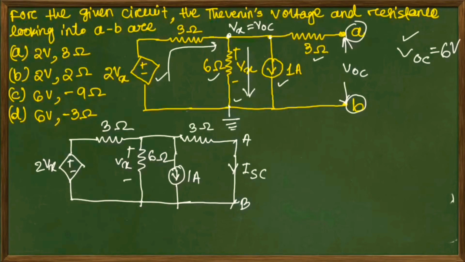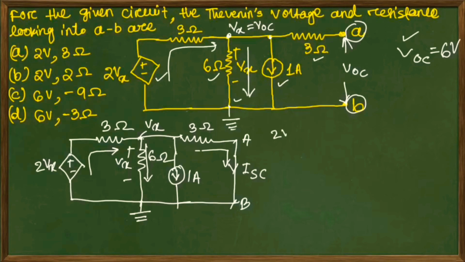This is 3 ohm. Okay, so here let's make this the reference node. Now let's apply nodal voltage analysis again to this node. So here the voltage will be Vx. Current is flowing like this in this branch, in this branch like this, and in this branch like this. Now let's write the KCL equation.